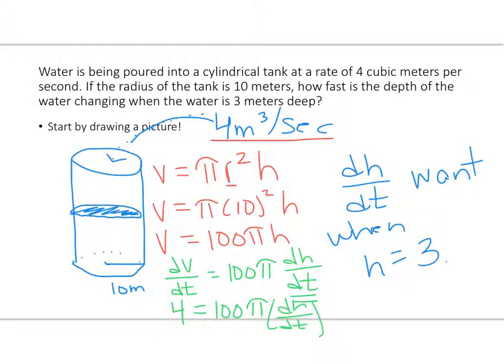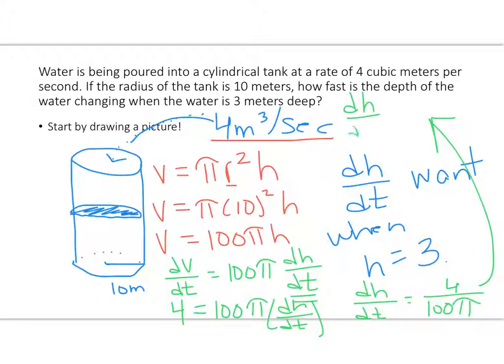So I can find how fast the height is changing regardless of what second I'm at, because the rate going in is staying constant. So to get my dh/dt, I just have to divide. So this would be 4 over 100 pi. I always simplify. So this gives me that the height is changing at a rate of 1 over 25 pi meters per second.